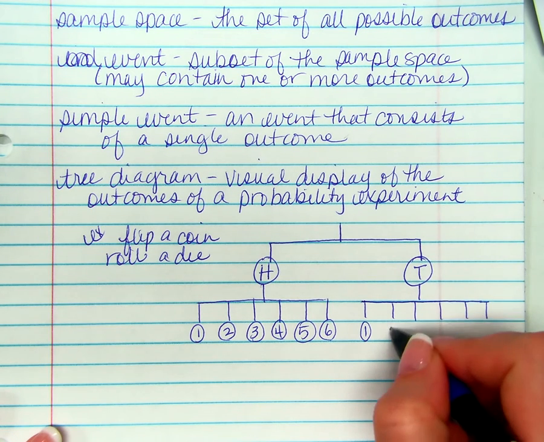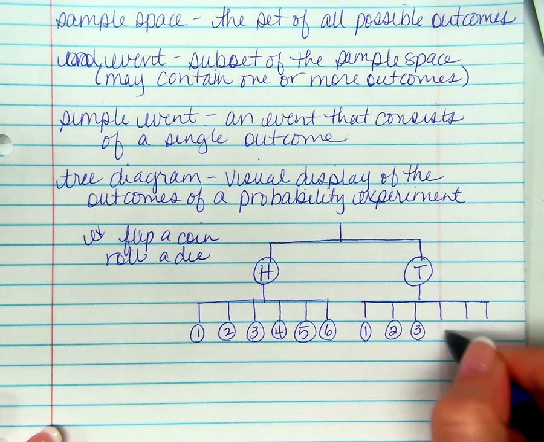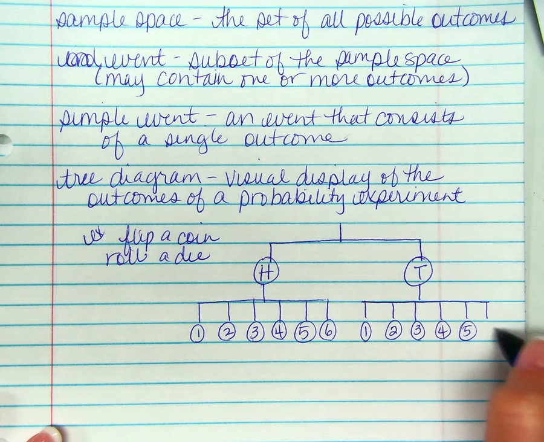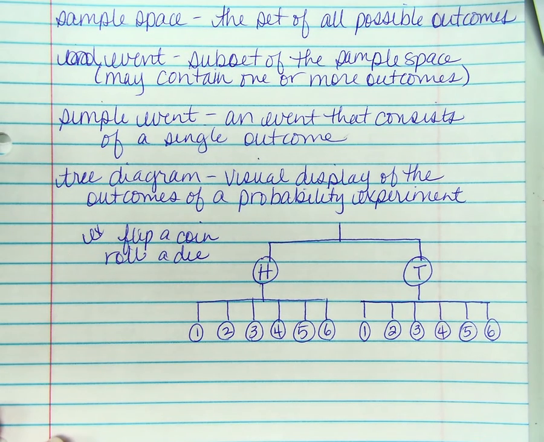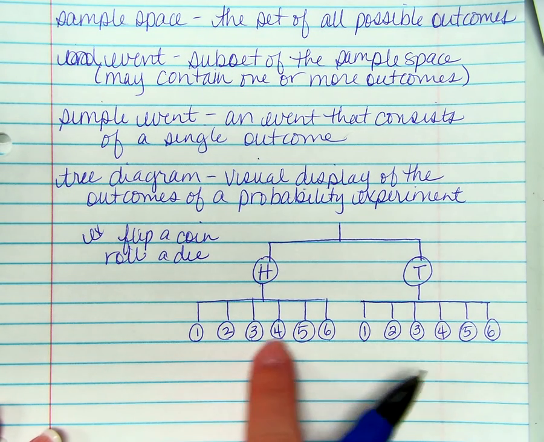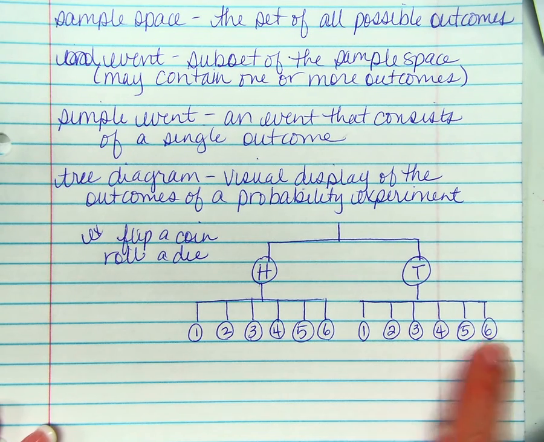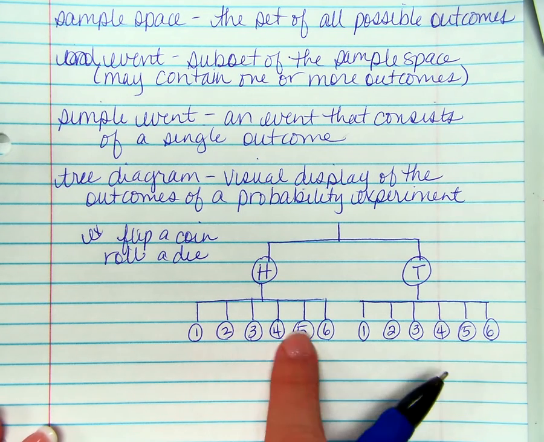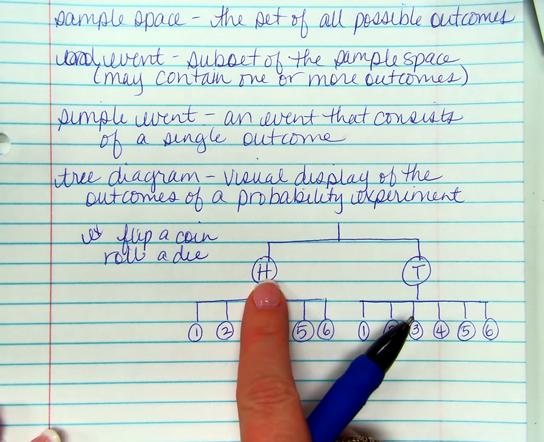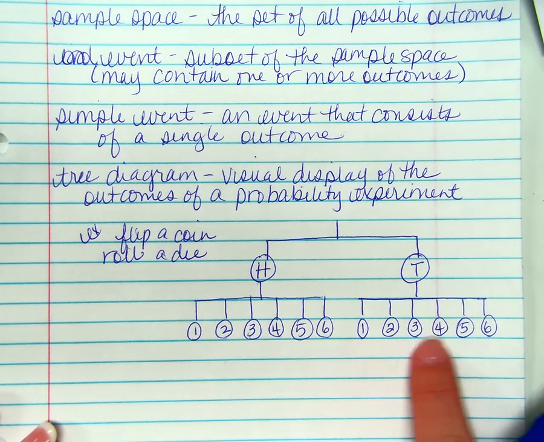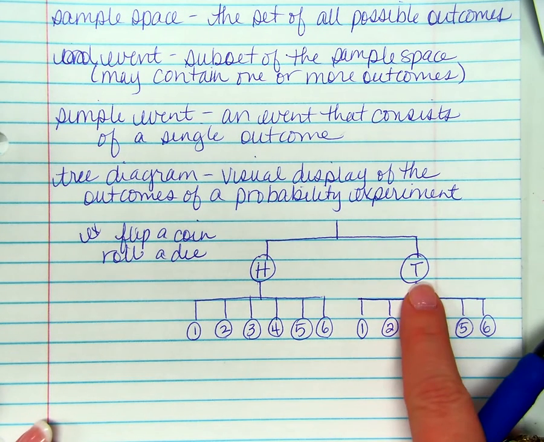And I could have gotten a 1, a 2, a 3, a 4, a 5, or a 6. These are all the possible outcomes of rolling a die if I first flipped a head. These are all the outcomes of rolling a die if I first flip a tail.